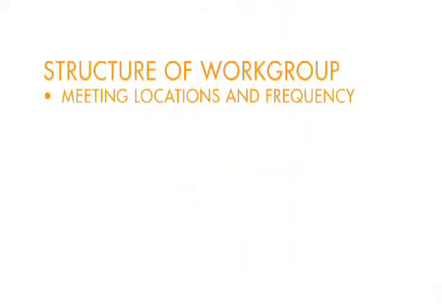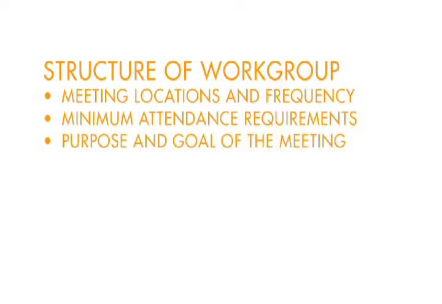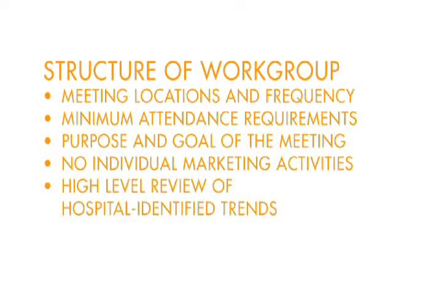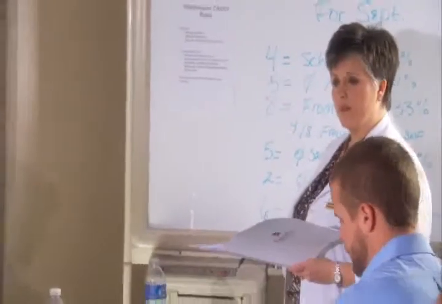Make sure all of the key stakeholders understand the structure, which includes meeting locations and frequency, minimum attendance requirements, purpose and goal of the meeting, no individual marketing activities, and high-level review of hospital-identified trends. These 5 items are essential to creating an environment in which the patients are the focus and not the individual provider groups. So if you all open your folders, you'll find our readmission numbers for the month of September.